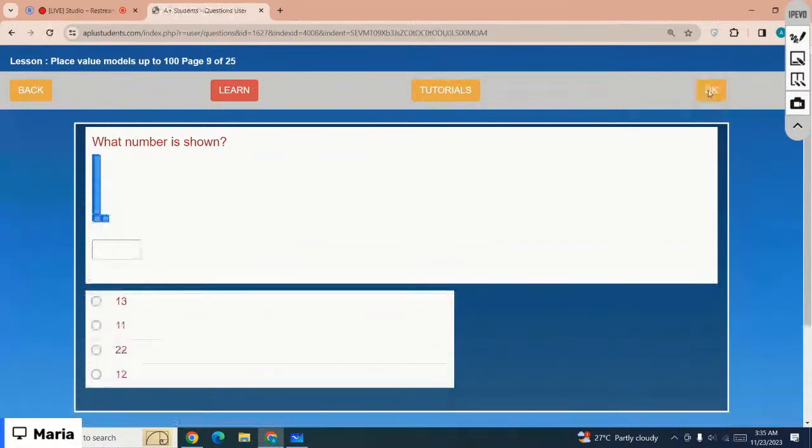Which is the correct option? One ten and two ones, right? So it makes 12. The correct option is 12.